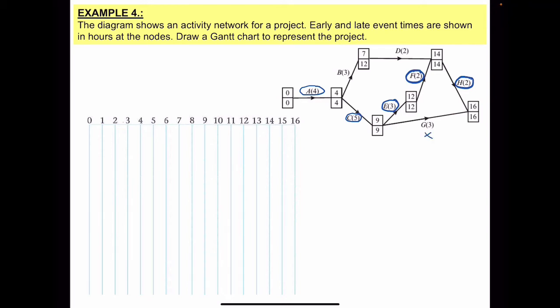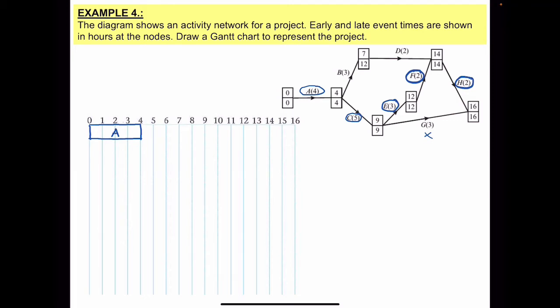So first thing, I'm going to put the activities that are critical: 0 up to 4, that would be my A activity.